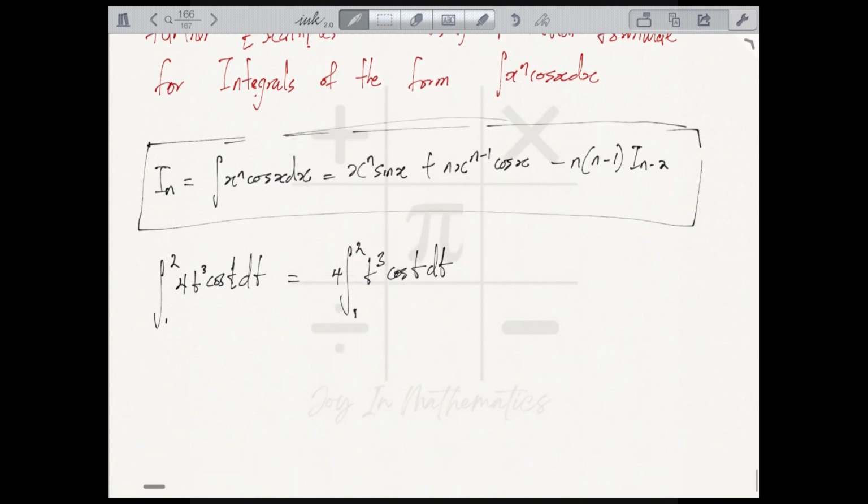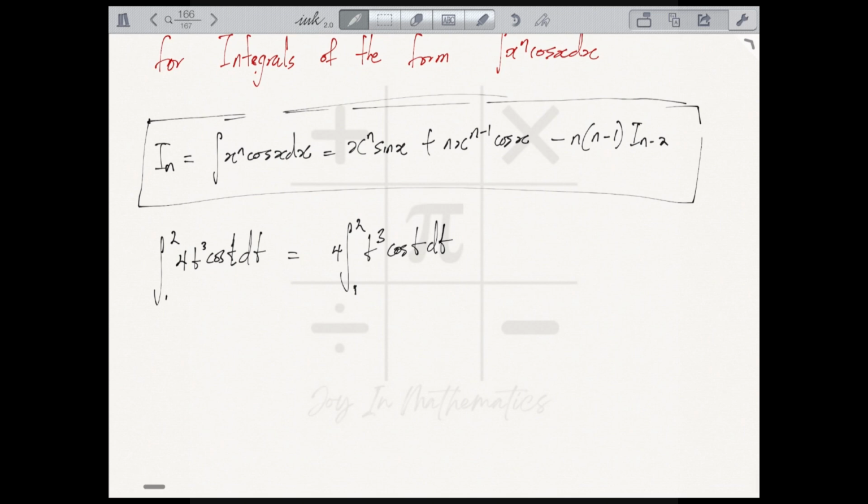So the first thing we are going to evaluate is the reduction formula for t^3 cos t with respect to t. Now in this case, our n is equal to 3.